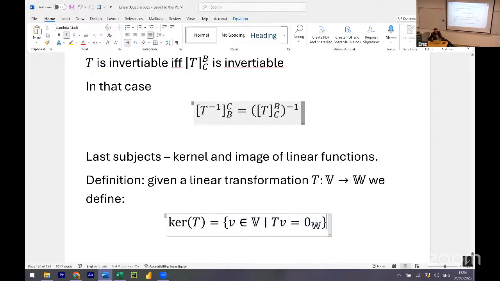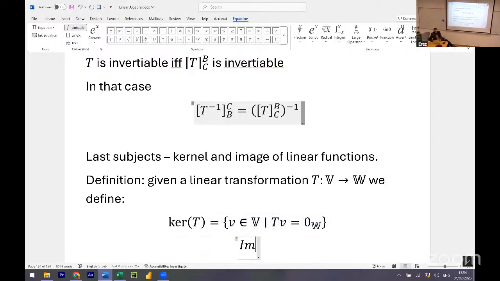The image of the function T is just as in discrete mathematics. It's all of the TV such that V is from the domain. So where does the image reside?